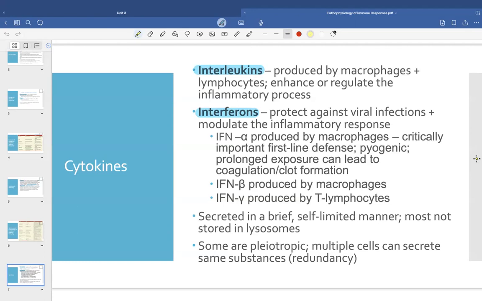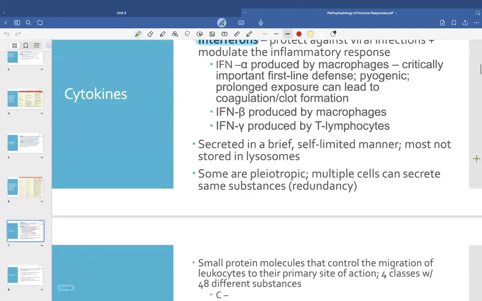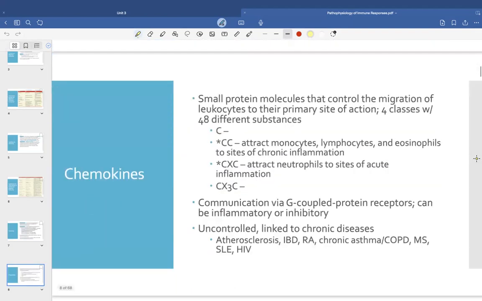Okay, those are your major cytokines. Your chemokines, again, are very small protein molecules. And their main goal is to attract other leukocytes to your primary site of action and include those lymph nodes and spleen, et cetera. It's subdivided into 4 overall classes.